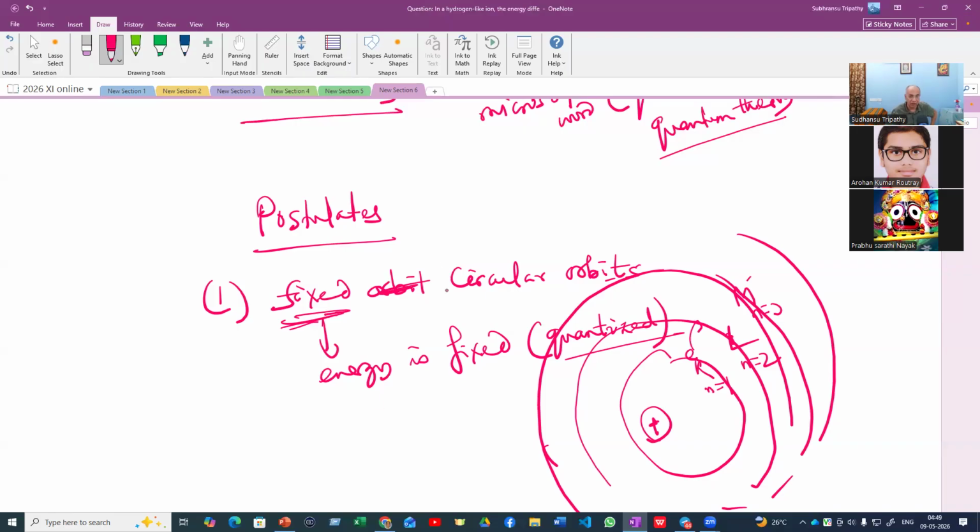But it can jump to the L shell if you supply energy, taking up the required amount of energy, which is the difference between the two, delta E. Or if you want the electron in the K shell to jump straight to the third shell, bypassing the second shell, then you calculate the energy difference between the third shell and the first shell, and you give that much energy by way of a single photon.